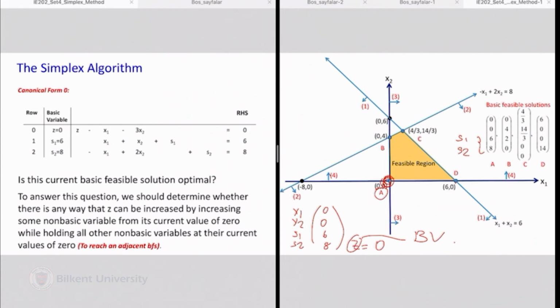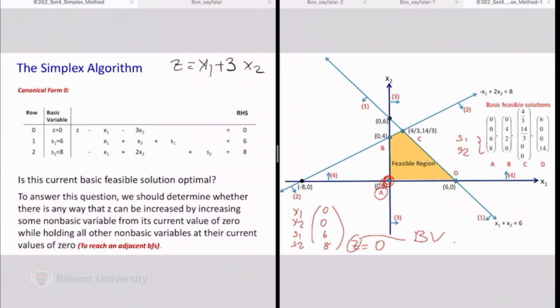For this, you simply look at the objective function. Remember, I had z equals x1 plus 3x2. But in row 0 representation, z minus that equals 0. So if you increment x1 by 1 unit, the objective function increases, right? If you increment x2 by 1 unit, the objective function increments further.